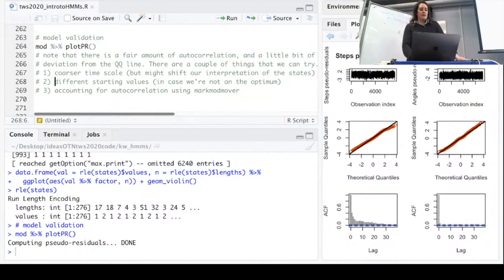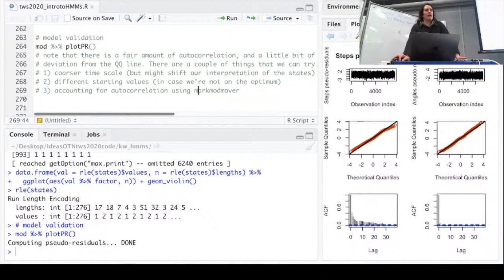You can also look at different starting values in case we're not on the optimum. Sometimes that happens just because you have a bumpy likelihood. You have a probability distribution underlying this that's kind of bumpy, so you can get stuck in a local optimum. Yeah? Is there any way to look at the likelihood surface to see if it's bumpy? From the model output? I don't know if you can do it from moveHMM.